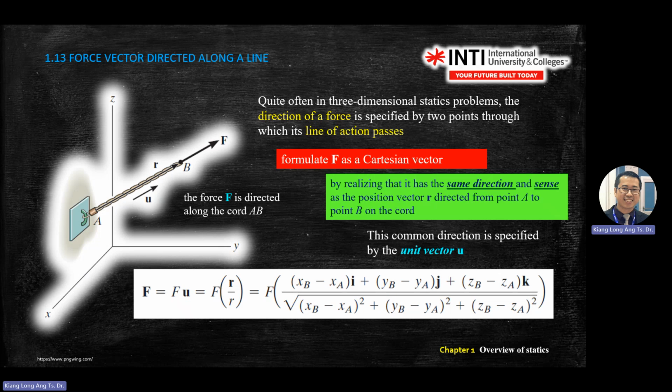U is the direction of the force. This small f, or f without capital font, is the magnitude of the force. We already know how to find magnitude: square your x, square your y, square your z, square root.